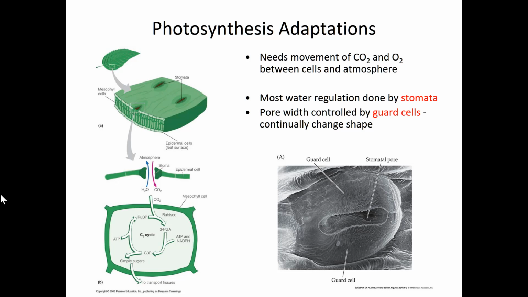So the guard cells are the cells that allow the stomata to open or close, and they're constantly changing through time, opening, closing, allowing water out, but also allowing CO2 in.